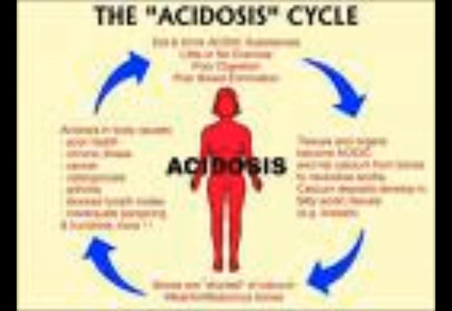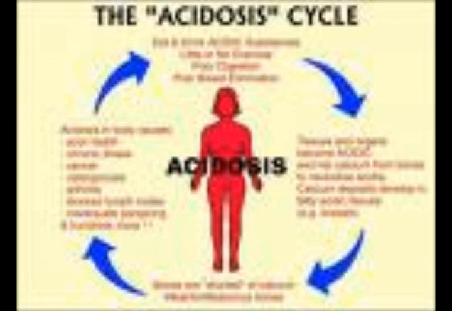Now, let us talk about the four important acid-base conditions. Number one, respiratory acidosis. It is characterized by increase in PCO2. Number two, respiratory alkalosis. It is characterized by increased pH, that is pH more than 7.45, and a decrease in PCO2.